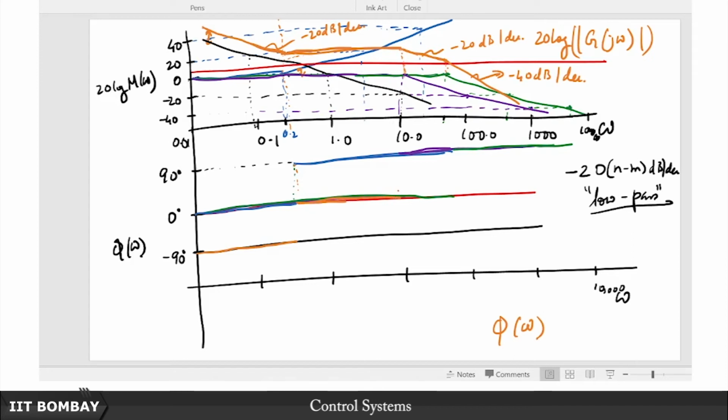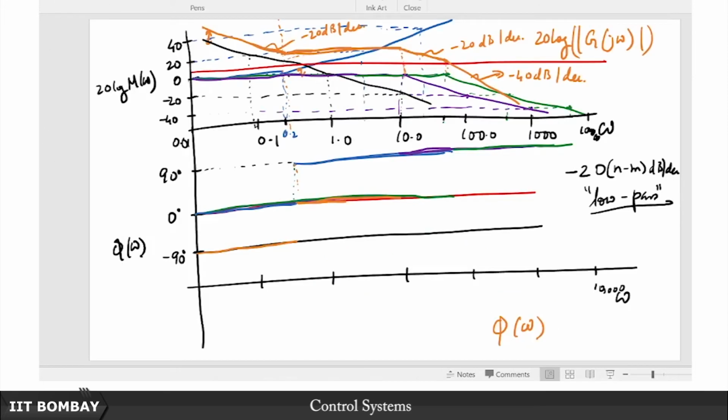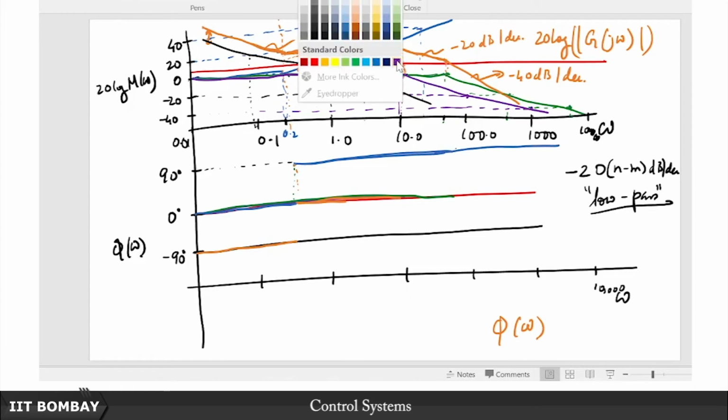Okay, I think I've made a mistake. So the purple and the green lines are going to contribute minus 90 degrees at the break frequency. I've mistakenly drawn them above. The blue line is what contributes a positive 90 degrees. Sorry about that. The purple line actually contributes minus 90 degrees.